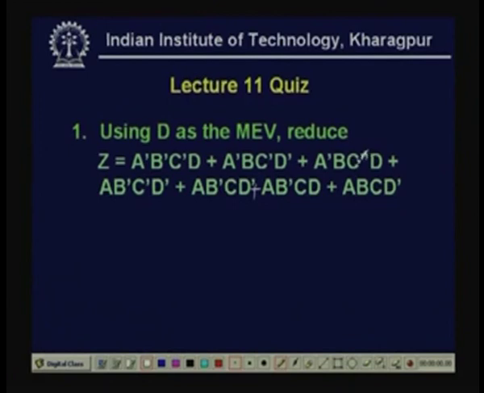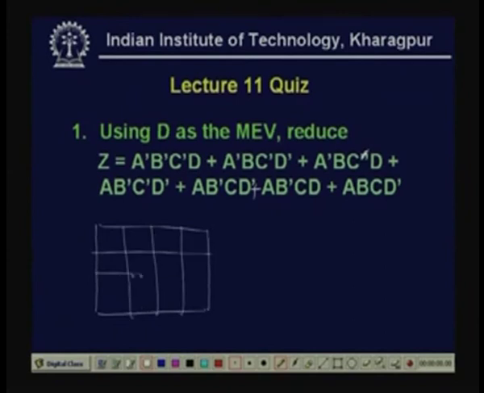So actually this is a 4 variable function, and as this is 4 variable, the normal K map should be 4 by 4.